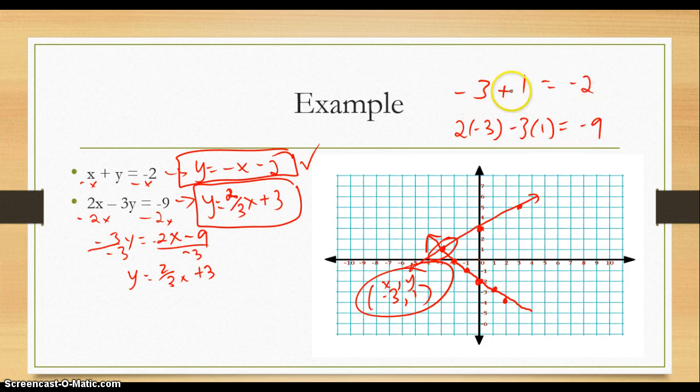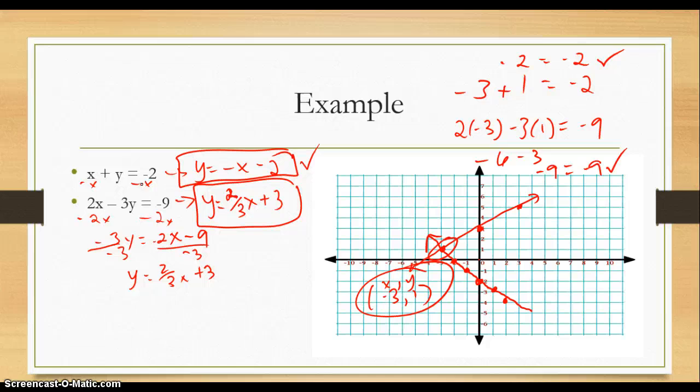So -3 plus 1 is -2. So -2 equals -2. That checks out. And 2 times -3 is -6. 3 times 1 is 3. So -6 minus 3, which is -9, equals -9. So that checks out. So I know this ordered pair, -3, 1, is the solution to this linear system of equations.